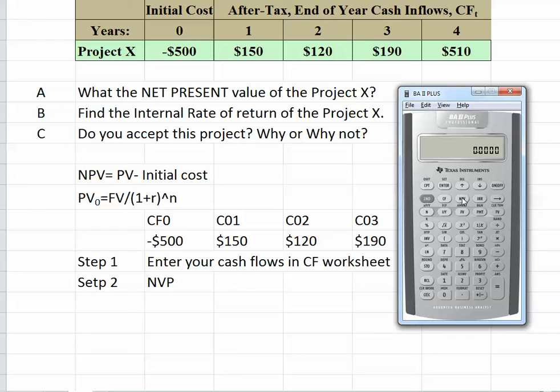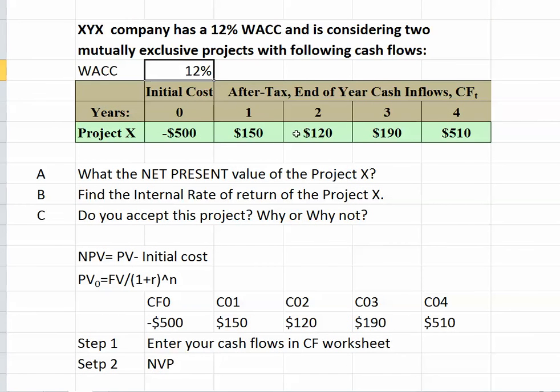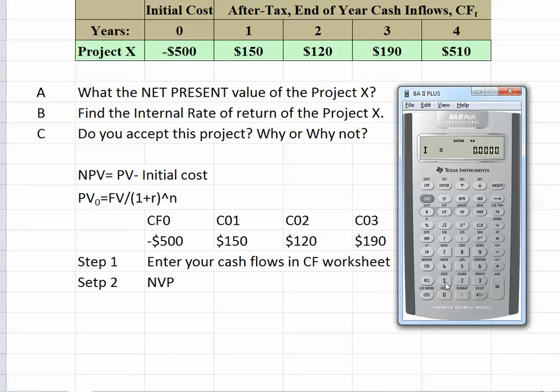You press NPV. Okay. So what is our discount rate here? If you remember, we have a 12% discount rate, right? So let's put that 12% discount rate. Enter, and then you see this right-facing triangle. Make sure you enter that and go down, and it will show you NPV, net present value.